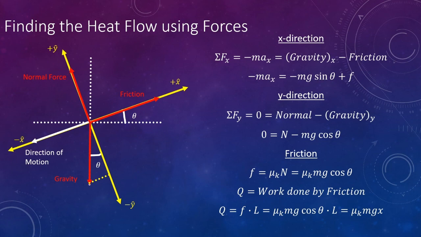And the work done by friction, which would also be the heat flow, would be that force dotted into the path it took, which would be the length of the incline. And it turns out, because you have the length times cosine theta, those can be condensed into just the x distance, the horizontal distance. But this is how you would deal with the inclined plane with energy.